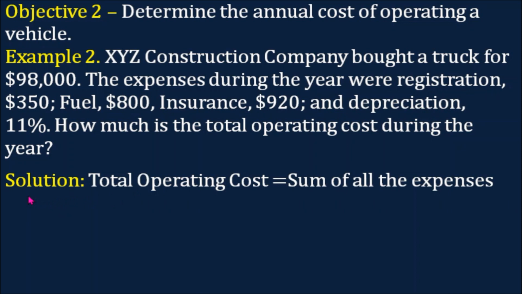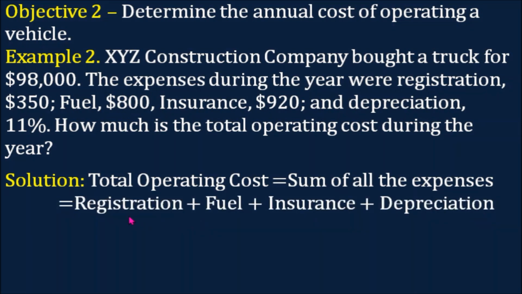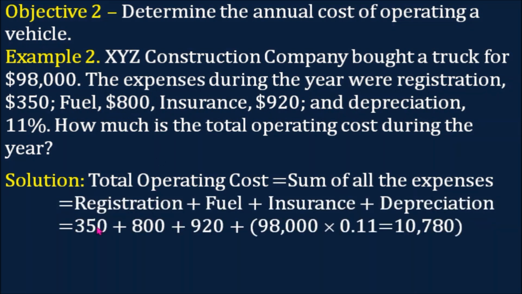So for our solution, total operating cost is just the sum of all the expenses. So for registration, it's 350. For fuel, it's 800. For insurance, it's 920.